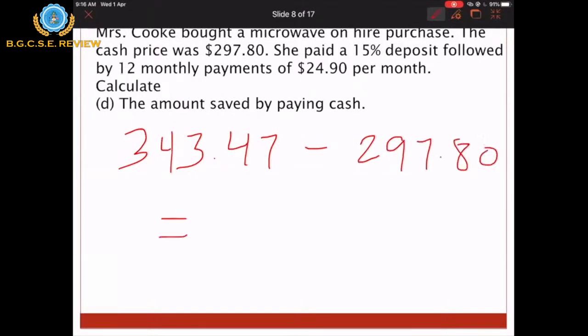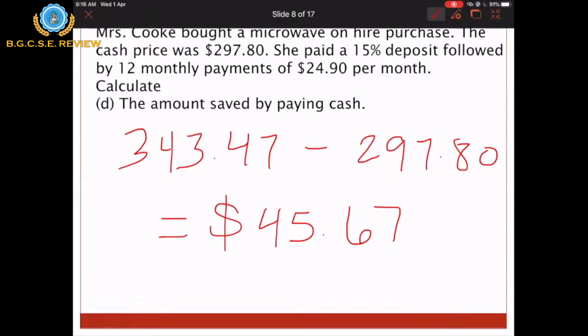And so if she had paid cash, she would have saved a total of $45.67. I see Mr. Tinker is also putting some working in the chat in case you need to go over what I would have missed.